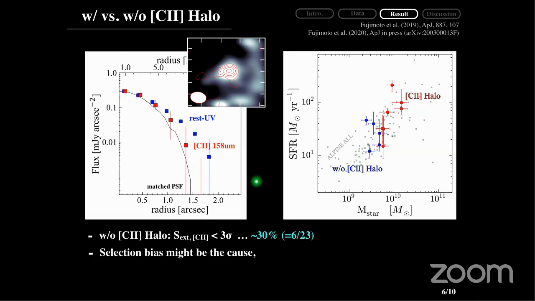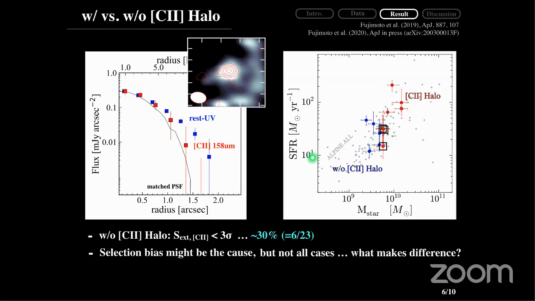So this difference might be just because of the selection bias. The brighter objects have a brighter outer C2 emission, which would be easier to identify. However, we realize that at least 3 C2 halo objects have similarly low values on this plane.